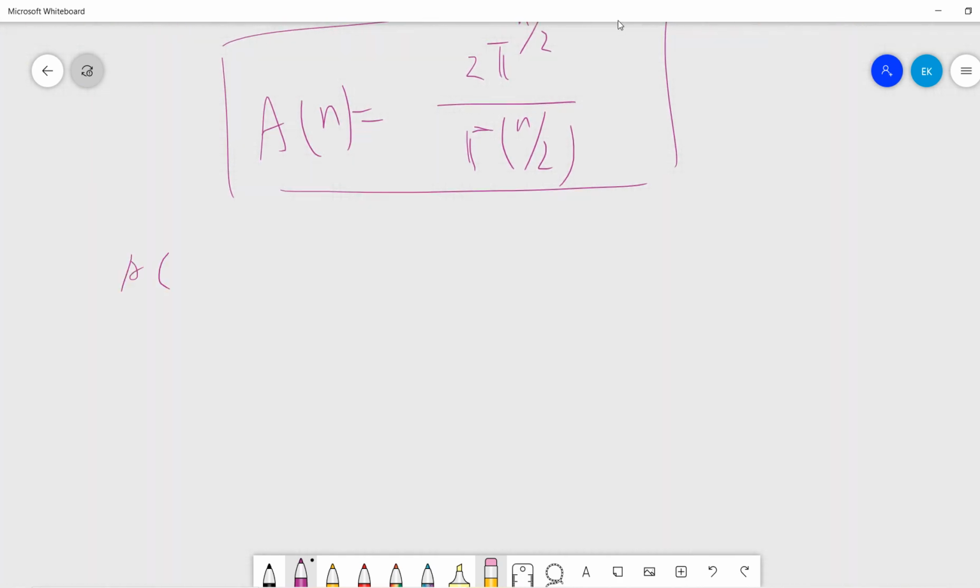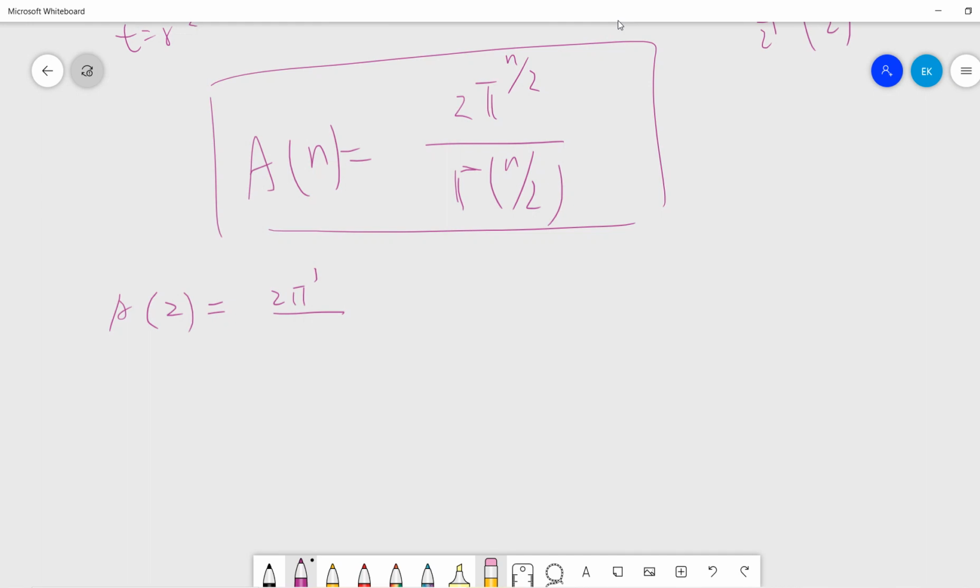So how about we calculate something? A of 2 is just 2 pi to the 1 divided by gamma function of 1. Also, gamma function of 1 is just 1, so it's just 2 pi. Let me remind you that gamma of n is just (n minus 1) factorial, and gamma of a half is just square root of pi.